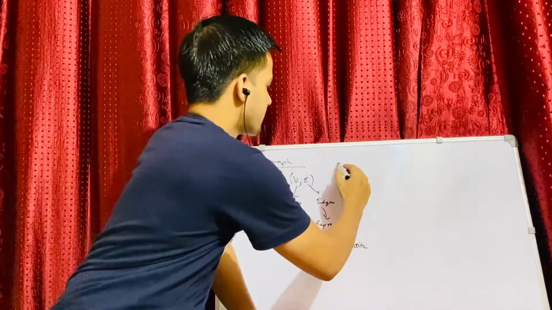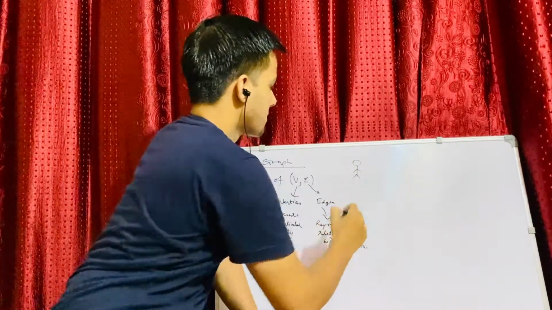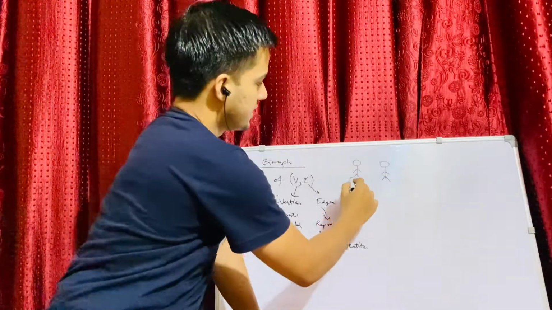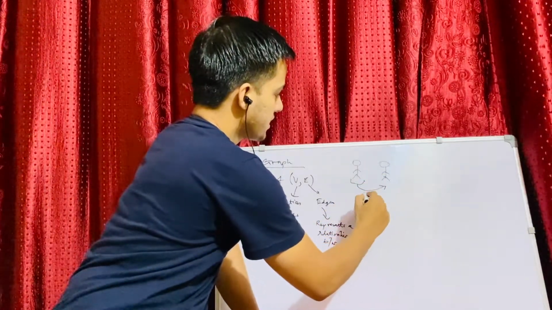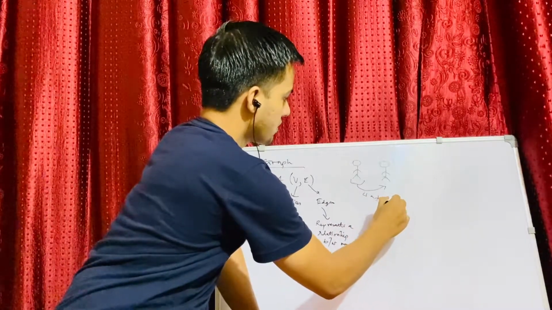So let's take an example. Let's say we have some people, and let's say this person is a friend of this person.